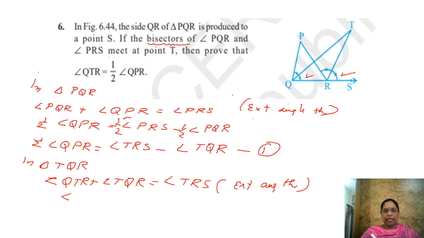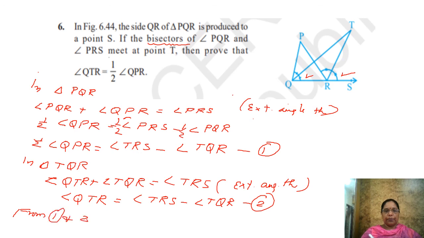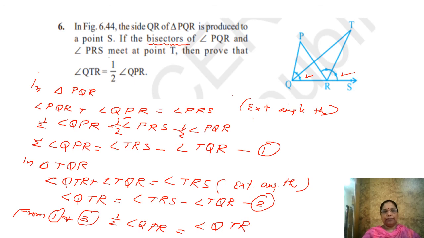Angle QTR is equal to angle TRS minus angle TQR. That is our second equation. Now from 1 and 2, we are proving that half of angle QPR is equal to angle QTR. Because right hand sides are equal, therefore left hand sides should be equal. Okay.